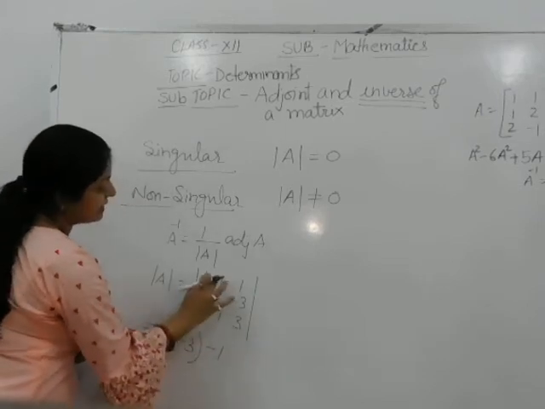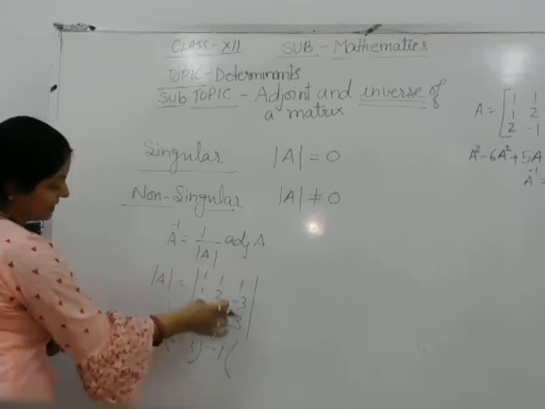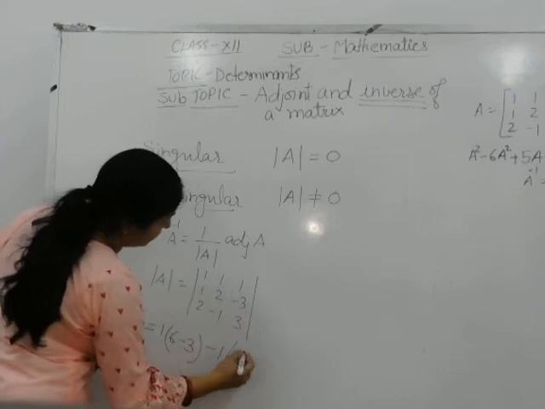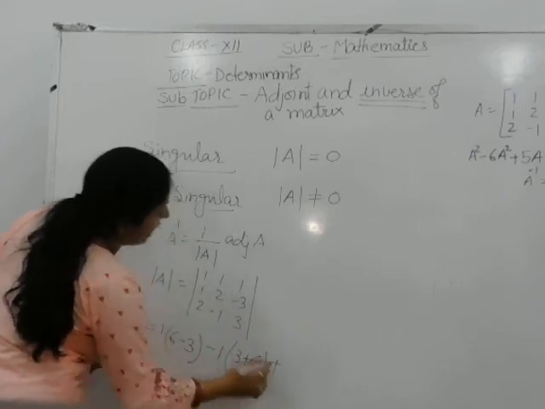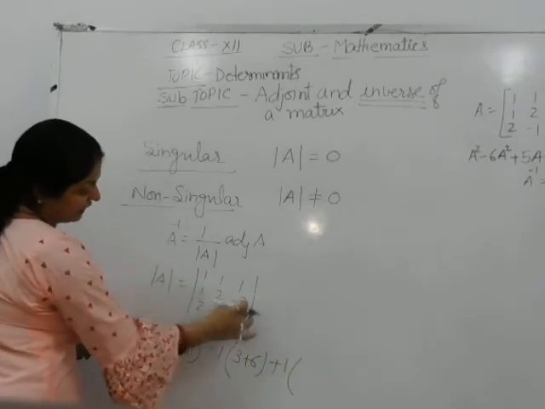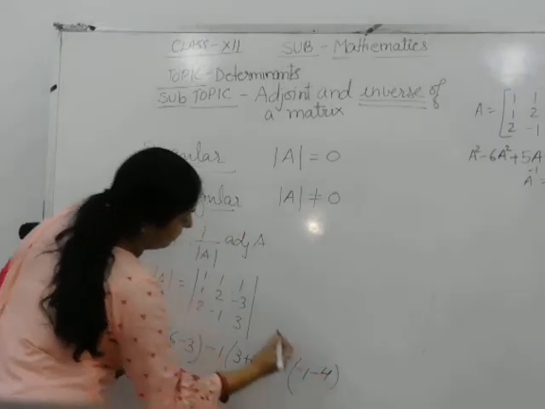And for the second part, minus 1, deleting first row and second column, 3 and minus of 2 into 3 means minus 6, and again minus, which is plus 6. And plus 1, deleting first row and third column, is minus 1 and minus 4.